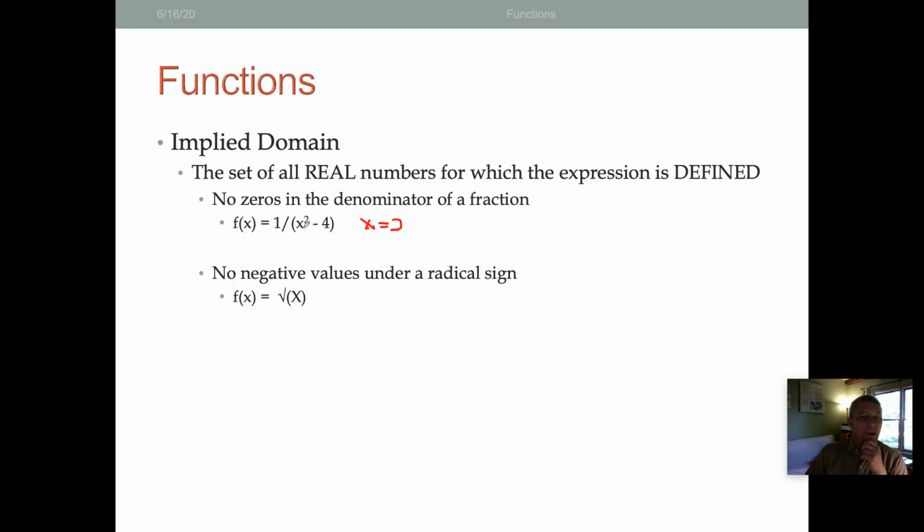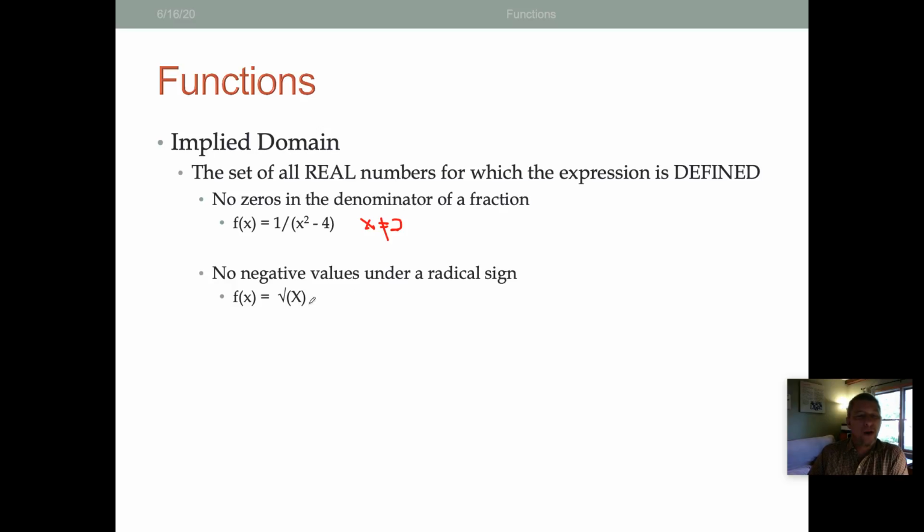Well, x squared would be 4. 4 minus 4 is 0. What's 1 over 0? Well, 1 over 0 is an undefined term. And so you can't have a value in this case of x being equal to negative 2. And so x is not equal to negative 2.